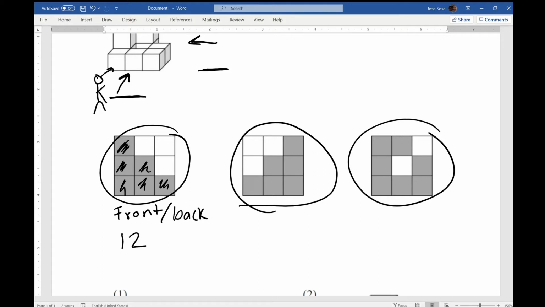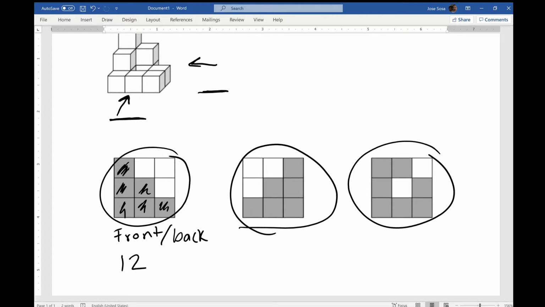Great. Now let's pretend that I walk over to this side, and now I'm standing over here, and I'm looking that way. Well, then this here is what I would see. Same deal. If I want to count the area, I'd count 1, 2, 3, 4, 5, 6.